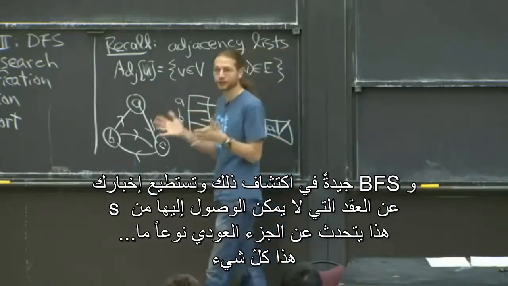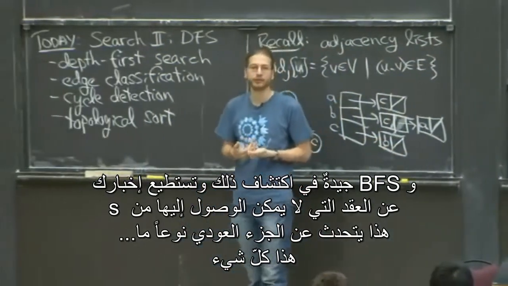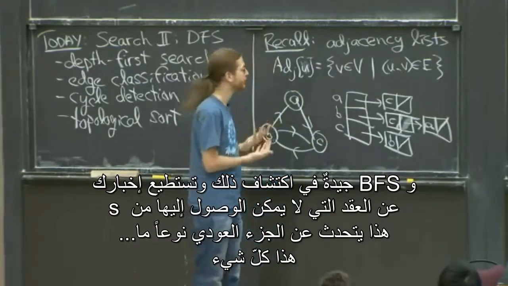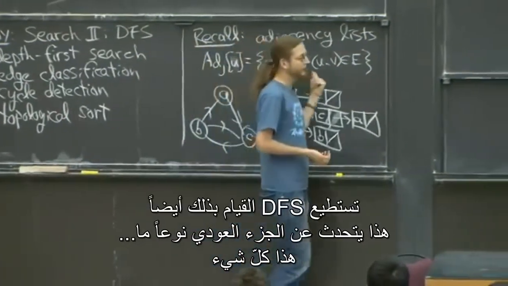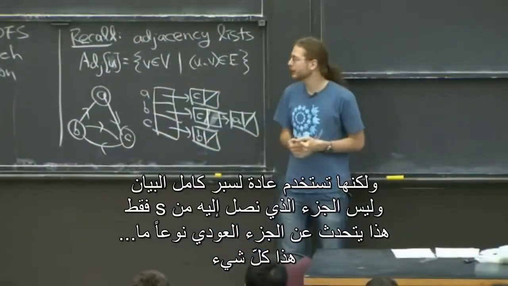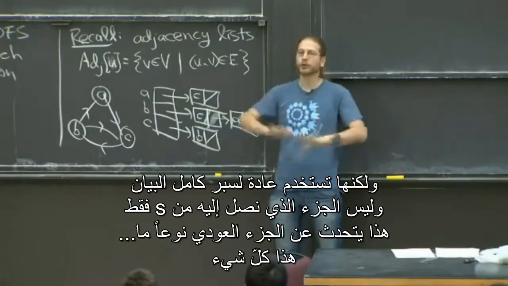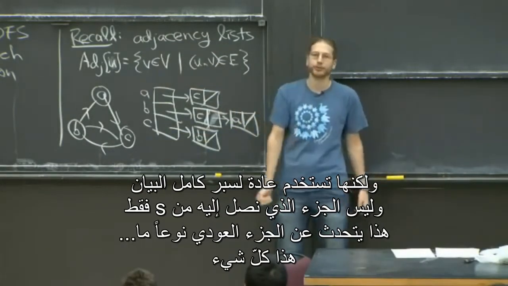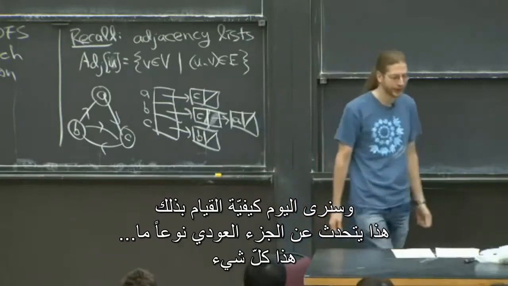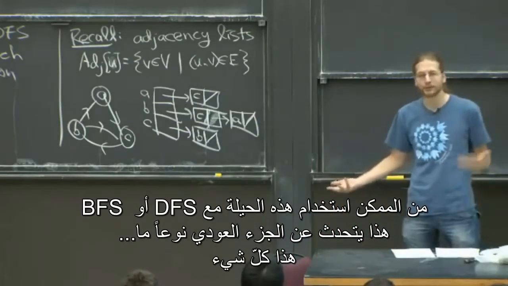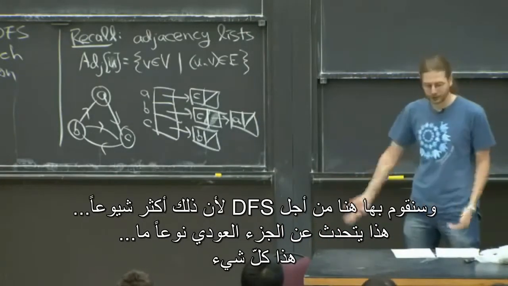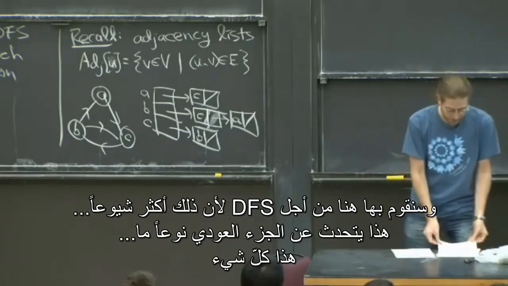And BFS is good for detecting that. It can tell you which vertices are unreachable from S. DFS can do that as well, but it's often used to explore the whole graph, not just the part reachable from S. And so we're going to see how to do that today. This trick could be used for BFS or for DFS, but we're going to do it here for DFS because that's more common, let's say.